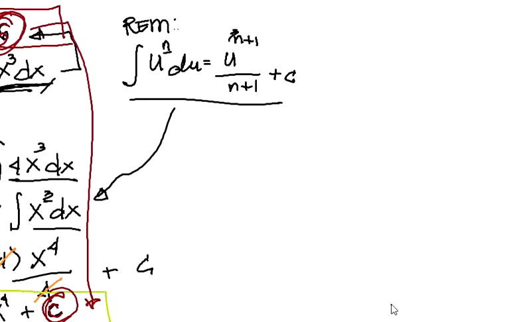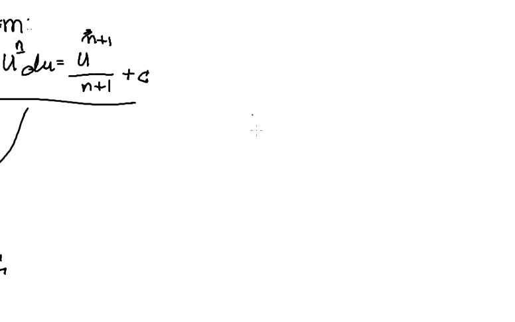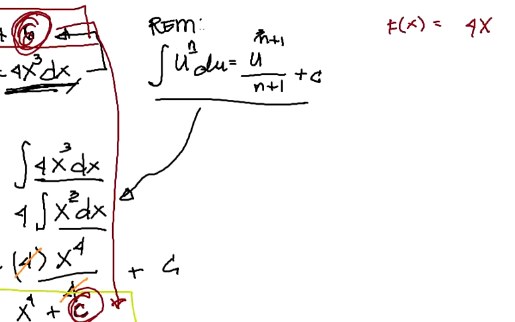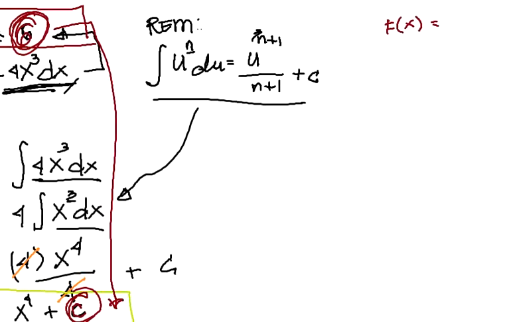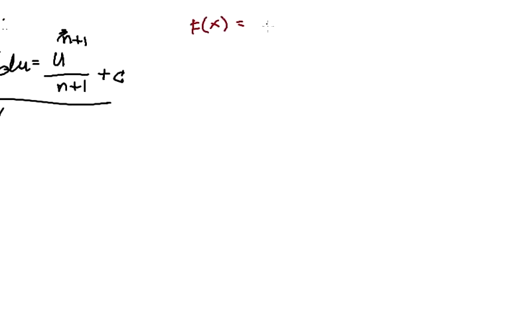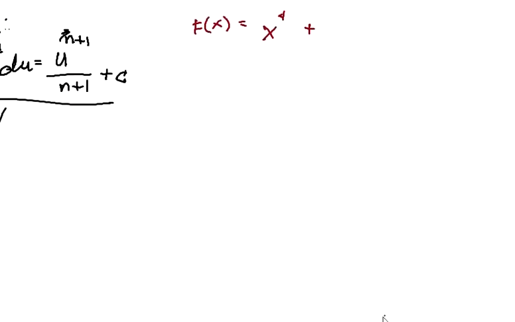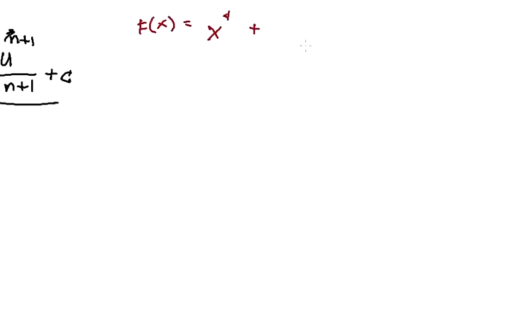Let's have another example. Say we have f of x is equal to, once again, x to the 4, x raised to 4, plus what if our constant is not 6? What if our constant now is negative 1/2?